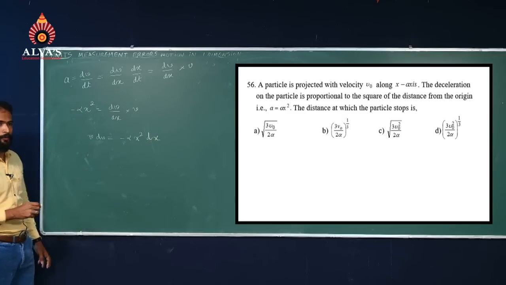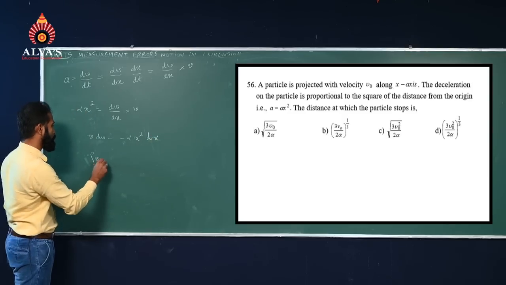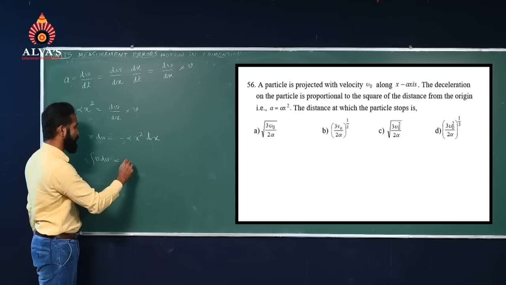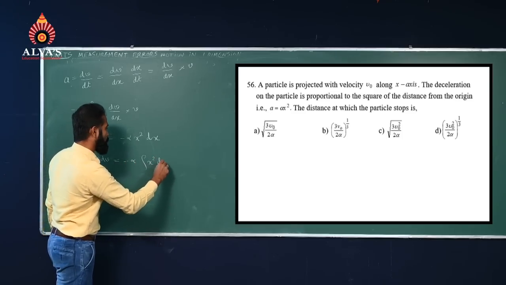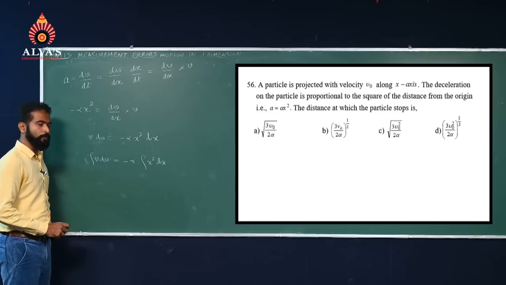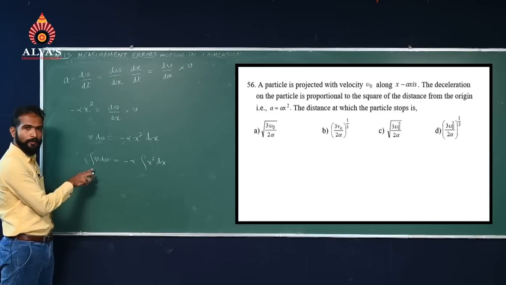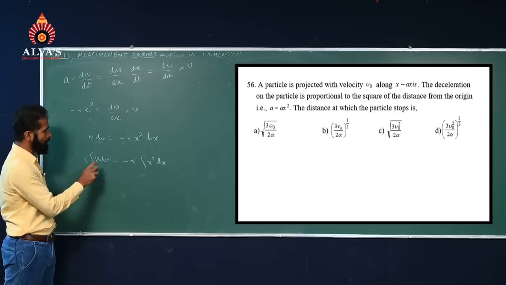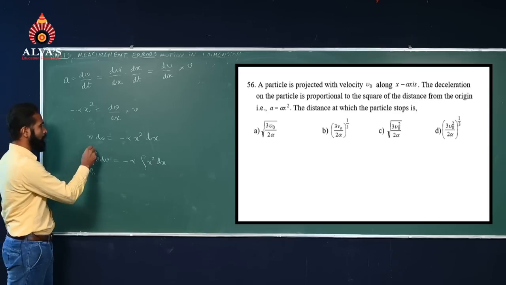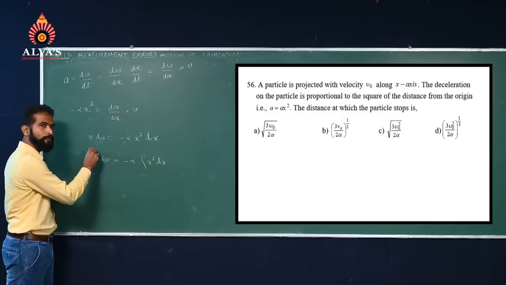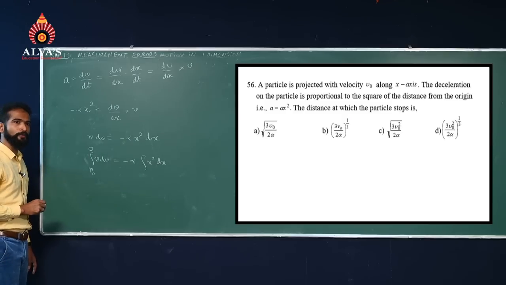Now let's integrate on both the sides. Integration of v dv, on the other side minus of alpha, integration of x squared dx. You have to carefully substitute the limits. So here it's an integration with respect to dv, and initial velocity is given v0, final velocity is 0 because the object is going to stop somewhere.